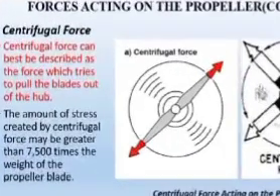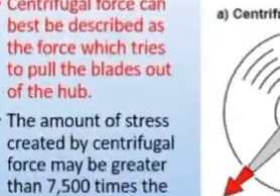Now, centrifugal force. The centrifugal force is a force that tries to pull the propeller blades out from the hub. You know, the propeller blade is attached to a central hub.